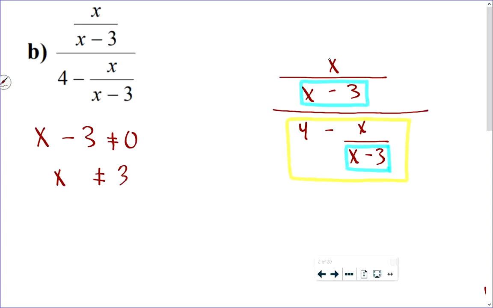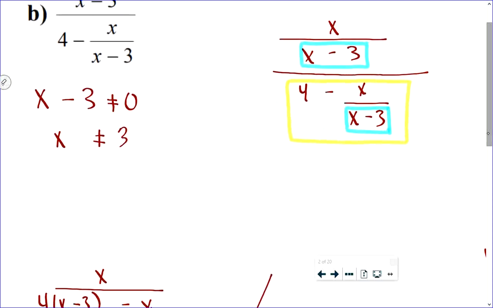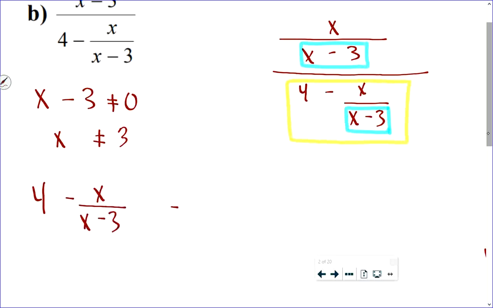The other statement of non-permissibility, I'm going to start using that phrase, is 4 minus x over x minus 3 is not allowed to be 0. And I really, as a teacher, and I'm being serious, this makes me really happy that this question has come up, because this is exactly what we're going to be looking at doing today. How do we solve this equation? I'm calling it an equation even though it's got the not equal to.